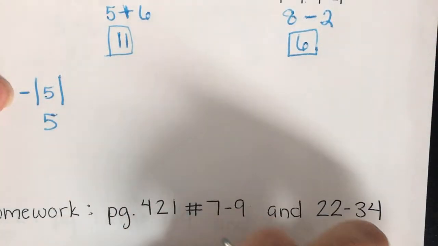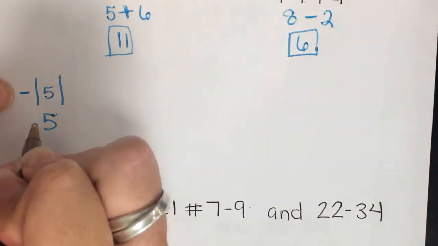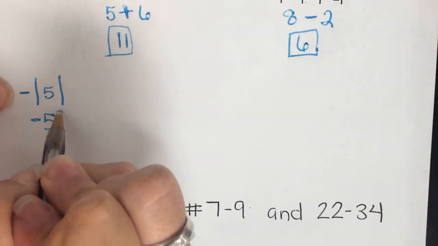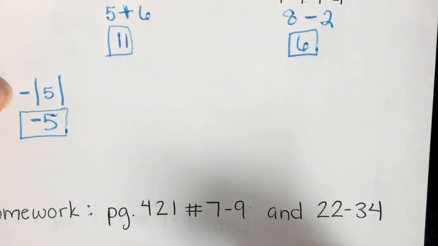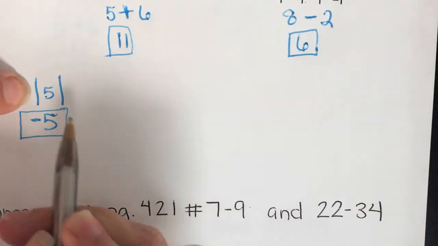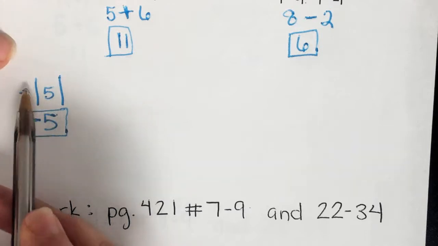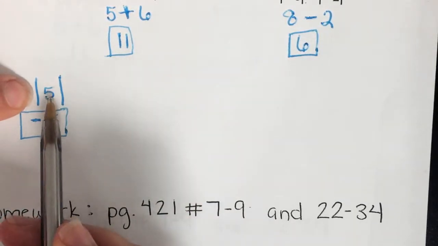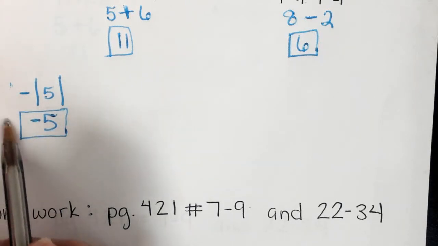But if there is that symbol on the outside, it changes it back to negative 5. If that symbol is on the outside, you got to look for it. Where do you put it? Because look, I'm making these up. So you got a 5, like that's the math problem right there. So I look at it, the absolute value of 5 is 5. But since that symbol's on the outside, you got to do it afterwards.